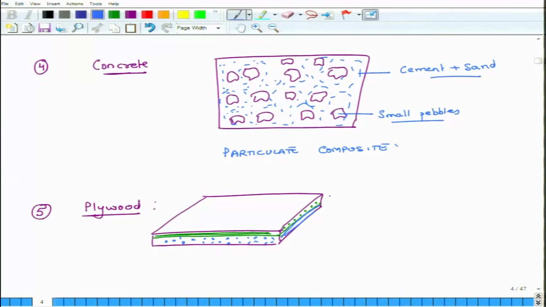Each of these layers is called a ply, and each ply is itself a composite, because that is also not naturally occurring. They put different pieces of wood together and then they glue them, and then all the plies or layers are stuck together. So, here this is another example, and here it is primarily what I will call a fibrous composite.